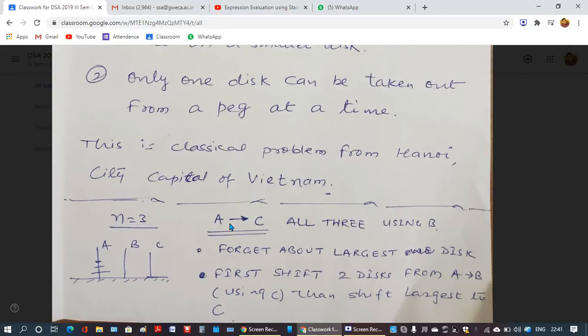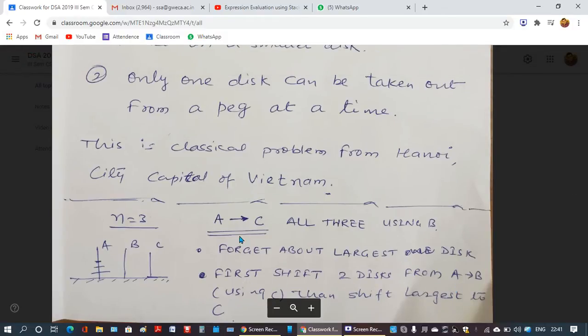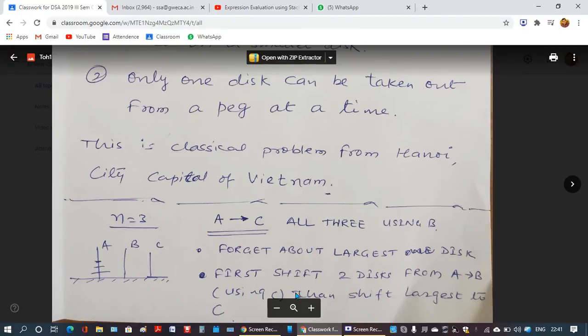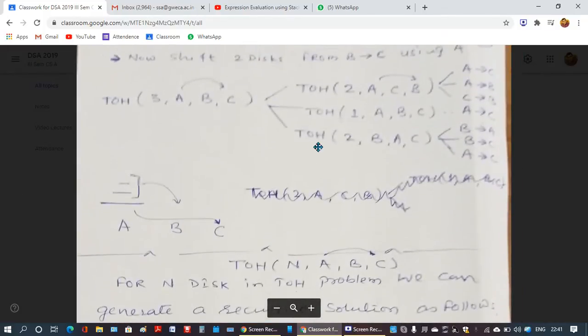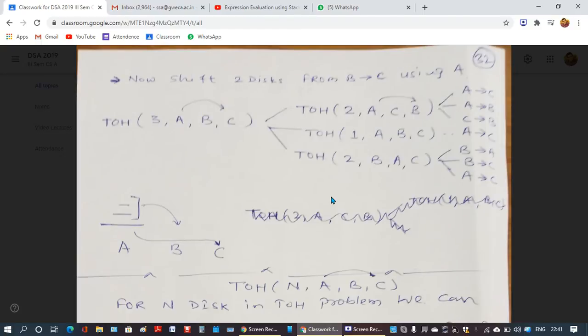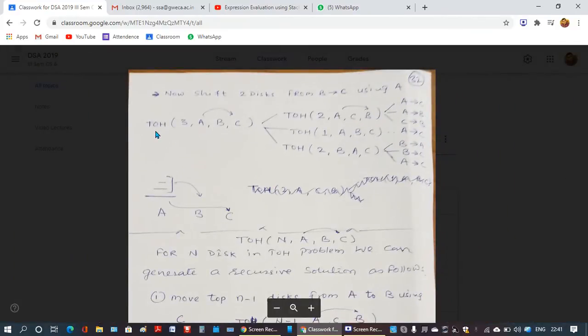So we want to shift all three disks from A to C using B. But what we'll do, we'll first forget about the largest disk, means one disk we will leave, and then we will first shift two disks from A to B, not A to C, from A to B. Then we will shift this largest disk to C, and then two disks will be shifted from B to C, because we shifted them from A to B. So now we will shift them from B to C. So in this manner, if I represent my problem like this, Tower of Hanoi problem of three disks, and we want to shift from A to C using B, then I represent this problem in this way: TOH 3.